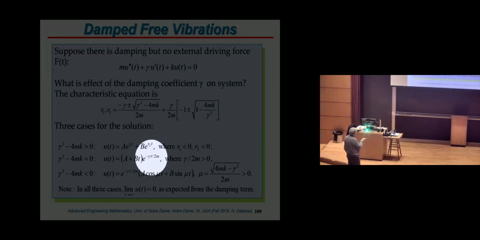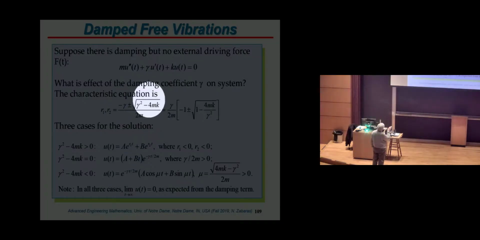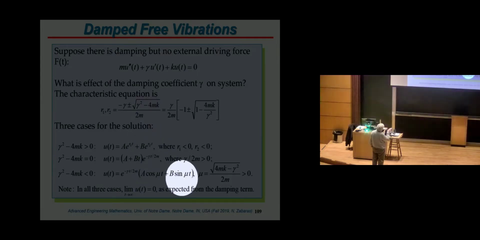And again, so this is critical damping, but that exponential term there dominates even the linear term in t. So this thing also dies to 0. And then, of course, we have the case of gamma squared minus 4mk being negative. And in that case, we get this exponential decay from the real part. And then we get cosine and sine.